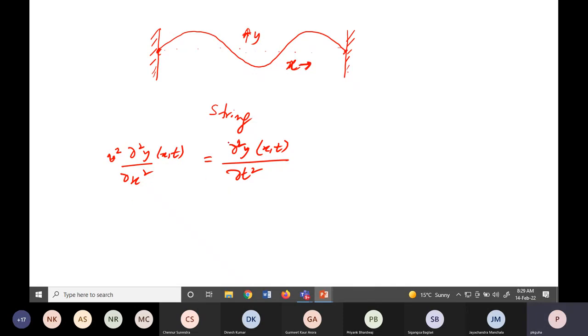So this is how we represent the differential wave equation associated with the string, and of course v is the velocity of the wave, right? And you can solve this equation to find out the solution. What will be the solution?